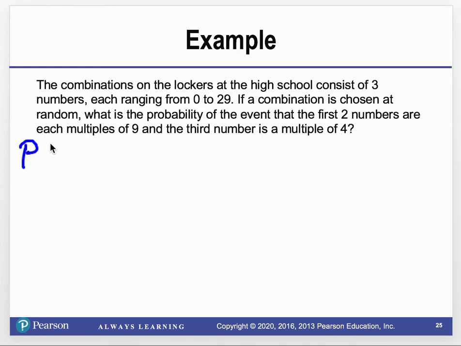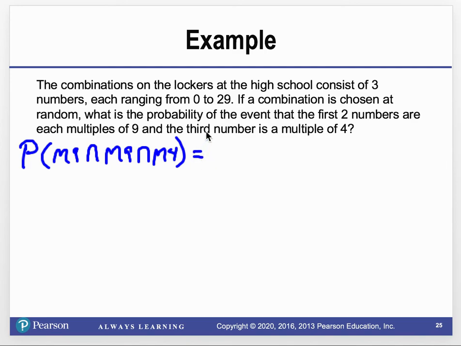So I'm doing the probability that I get a multiple of 9, and then I get a multiple of 9 again, and then I get a multiple of 4. Okay, they're independent events. One number doesn't affect the other number. It doesn't say anything about it up here, that they can't duplicate, right? So we assume they're independent. So I'm just figuring out 3 individual probabilities.